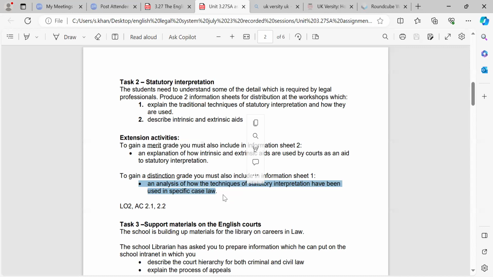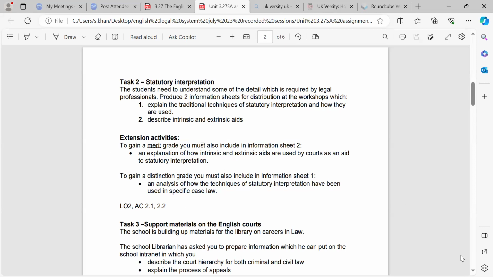So you need to identify that in information sheet 1 to gain a distinction mark. It needs to be really clear where you are gaining a merit mark, and then clear where you are gaining a distinction mark, okay? You need to highlight this with a heading to identify that you've gained merit or distinction for task 2, which is on statutory interpretation.